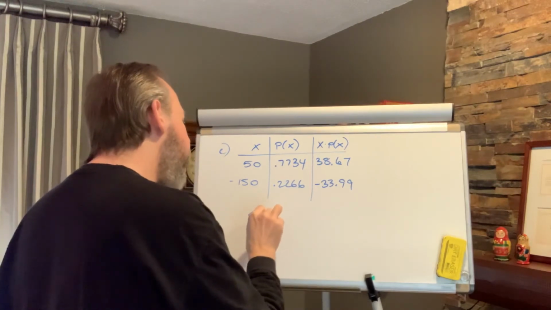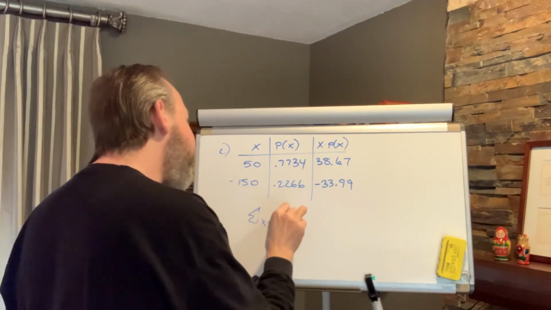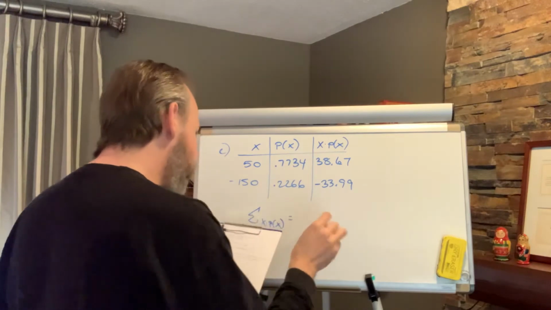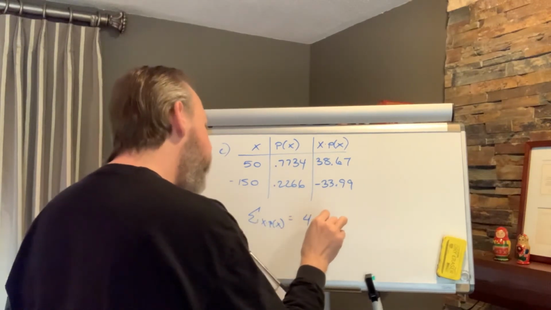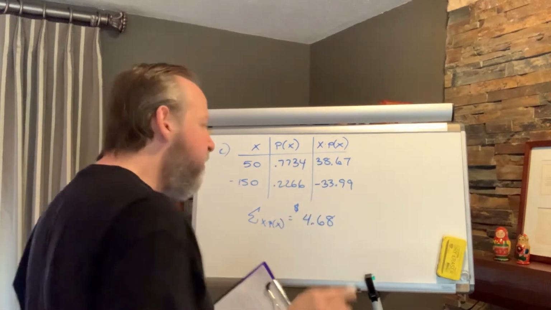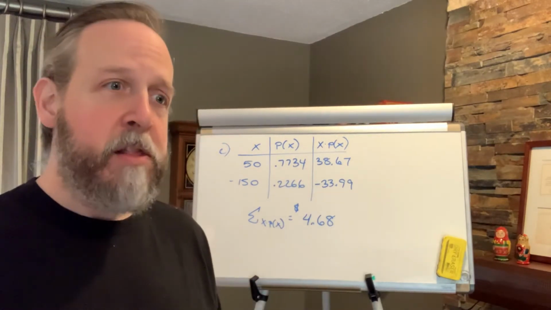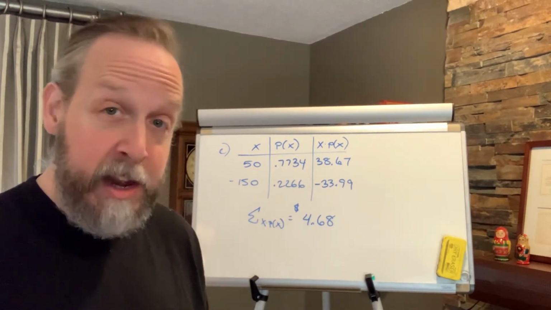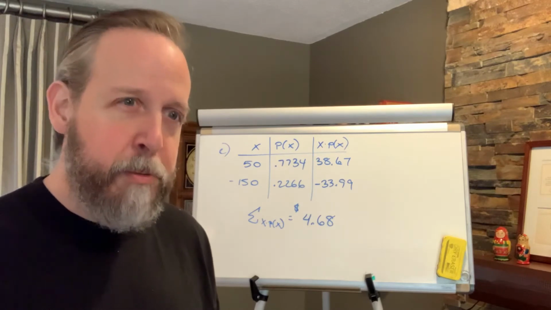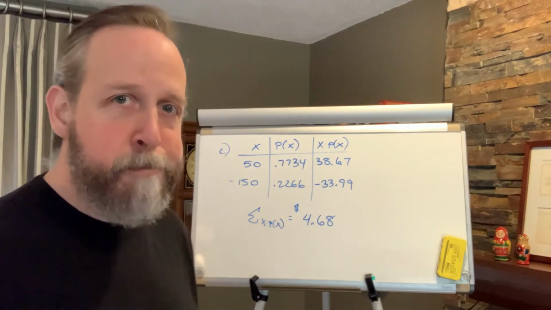The sum of the XP of X column is the actual mean of the weighted distribution, which is the answer of $4.68. And in words, you would say that the company expects to have a gain of $4.68 per warranty sold.